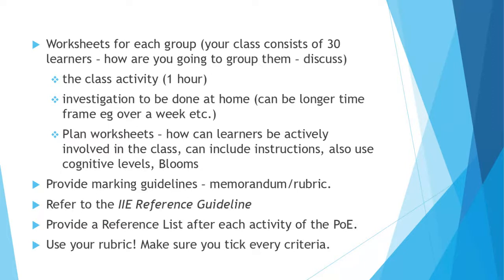You are going to group your learners according to their needs. Then you need to plan worksheets for each of the groups for the class activities. Then you provide your marking guidelines, and then you are also going to create an investigation which they should do at home with instructions of what they should do, together with a memo or a rubric.